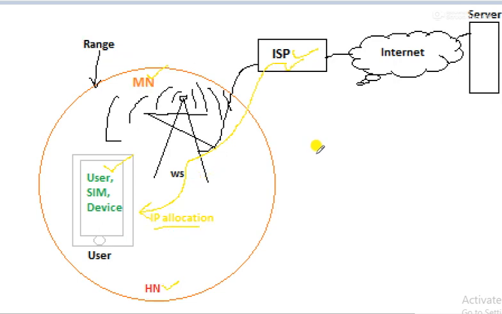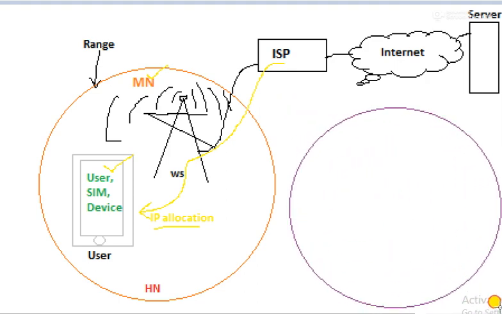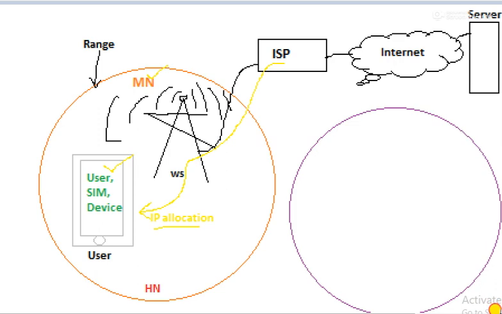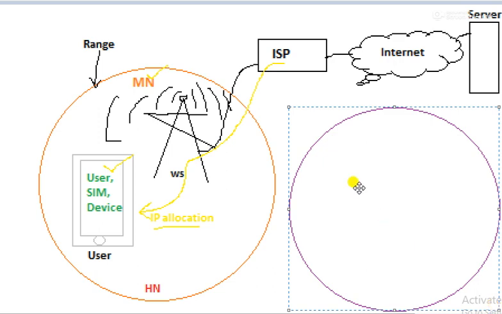Let me remove the annotations, sorry. Let's consider there is another foreign network, or a range of foreign network.